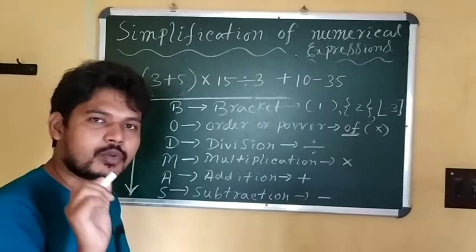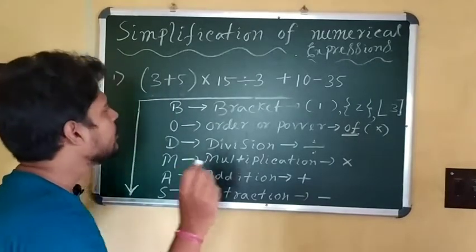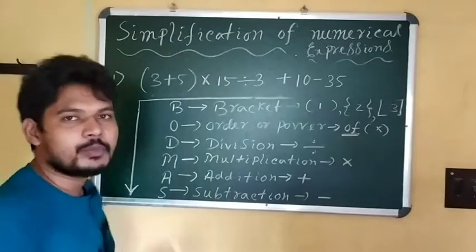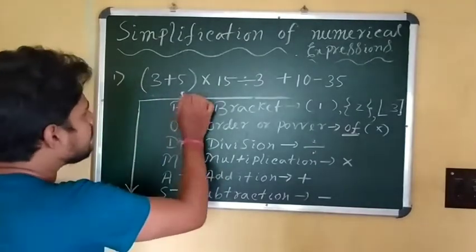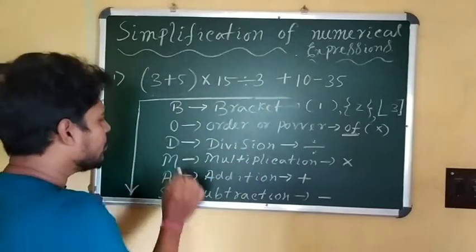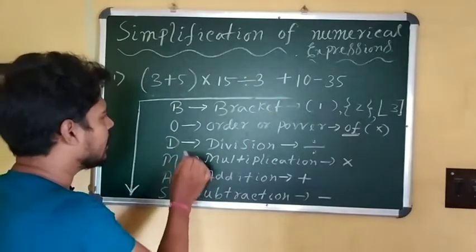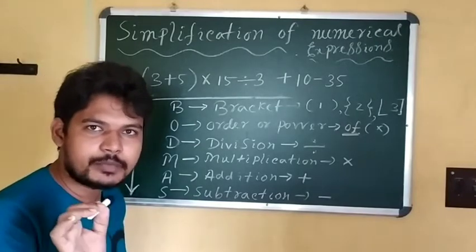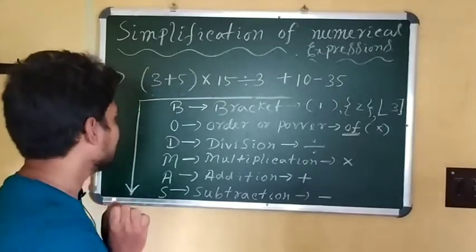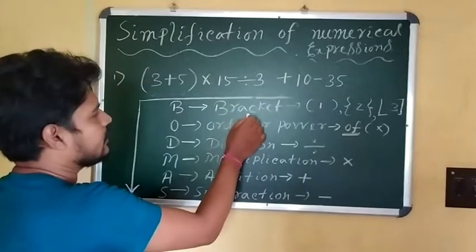Now the question is how we solve this type of numerical expression. To solve these numerical expressions, we have to apply the BODMAS rule. Okay, and you have to know this properly. What is the BODMAS rule? B for bracket.